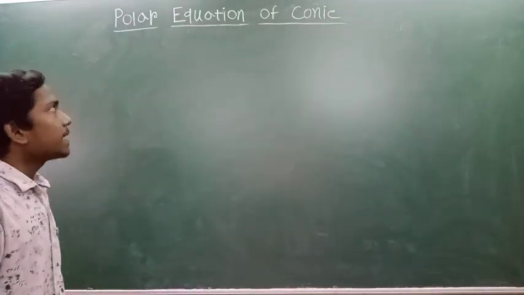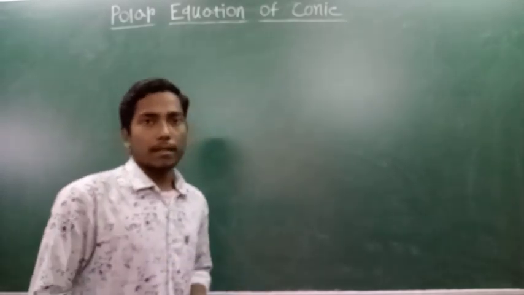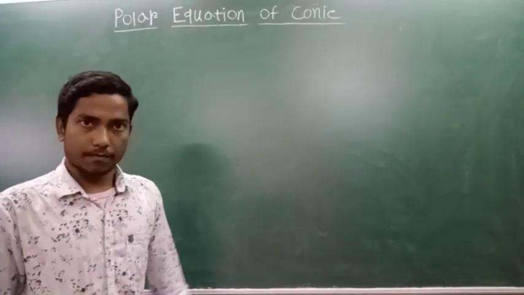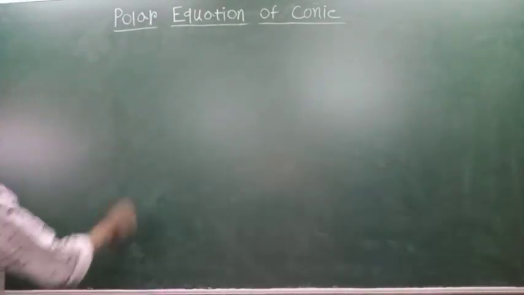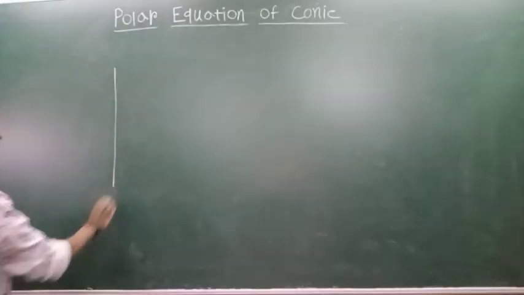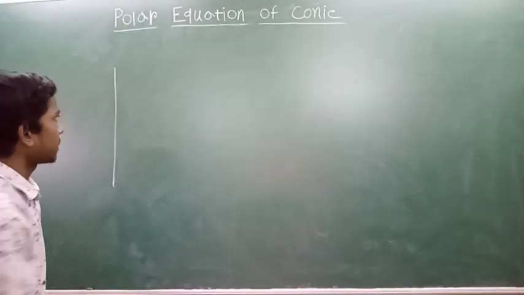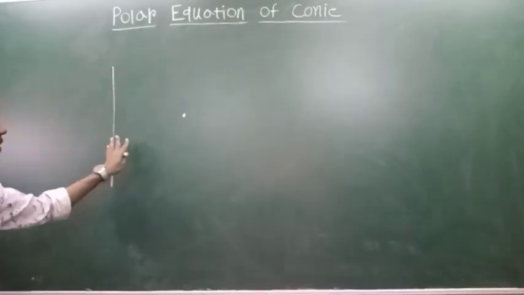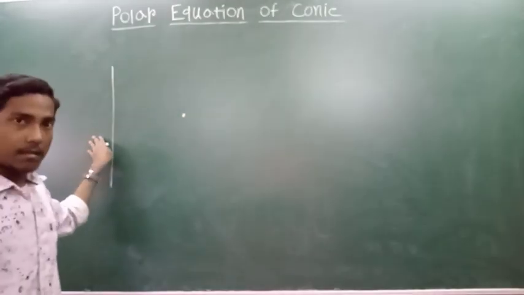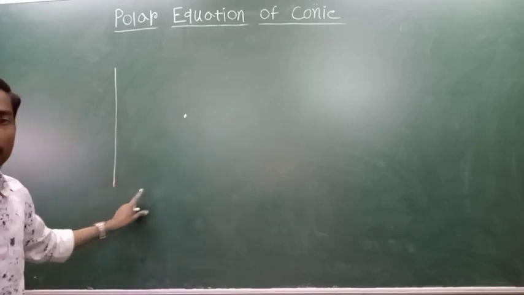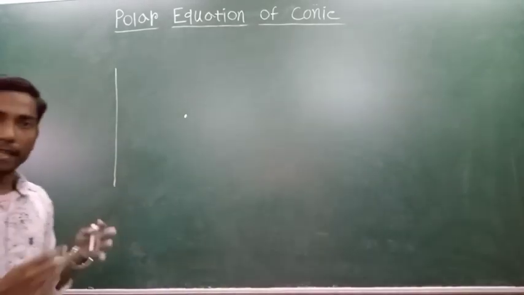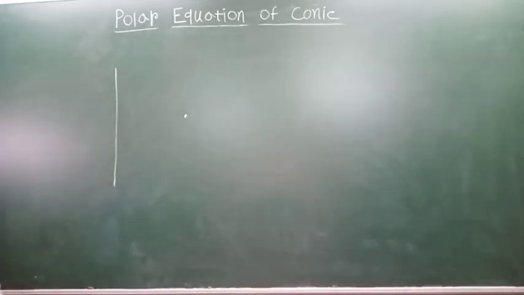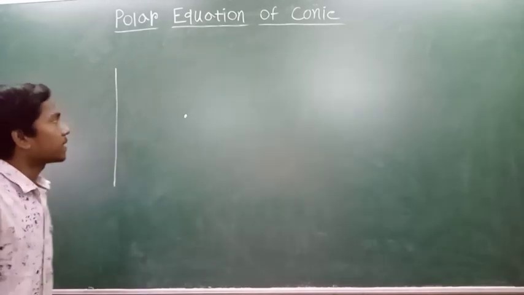We'll derive the equation of a general conic using the polar system. Here we are given a fixed line, which is called the directrix, and a fixed point, which is called the focus. With respect to the directrix and focus, we can define any conic.